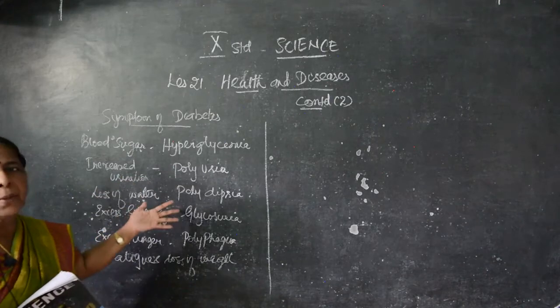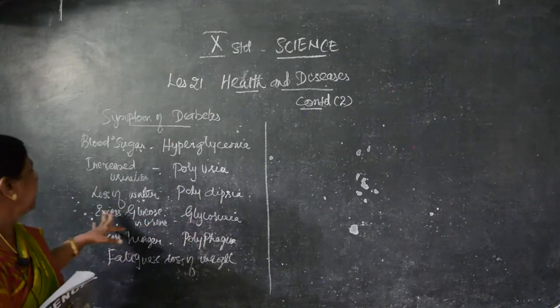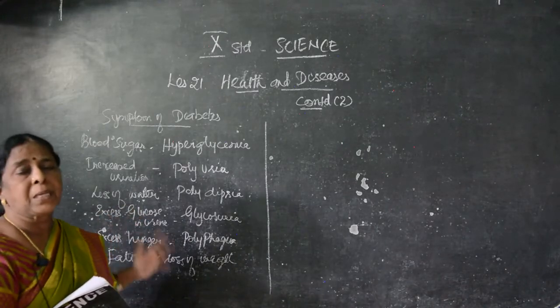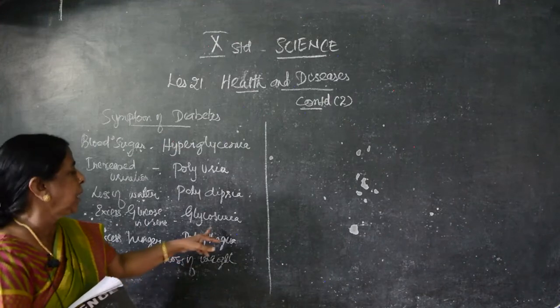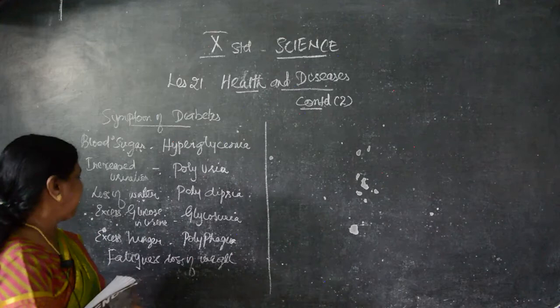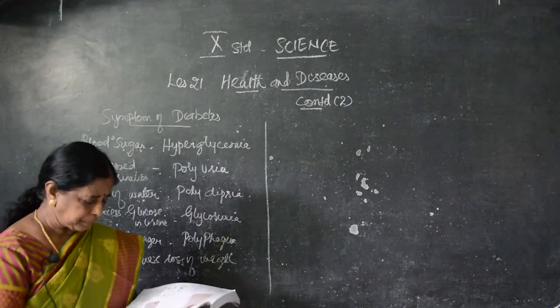Loss of water, dehydration, is polydipsia. Remember dehydration and write polydipsia. Then excess glucose in urine: when sugar is not in the blood but in the urine, that is glycosuria. Excess hunger is polyphagia, and fatigue and loss of weight. This is the final symptom of diabetes.